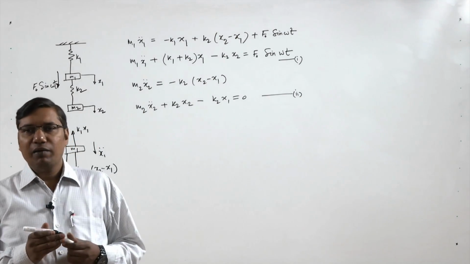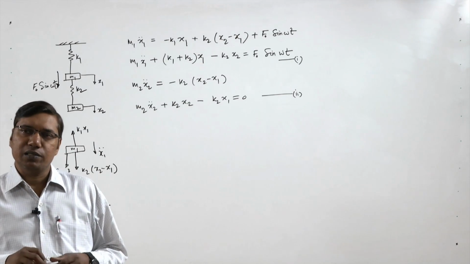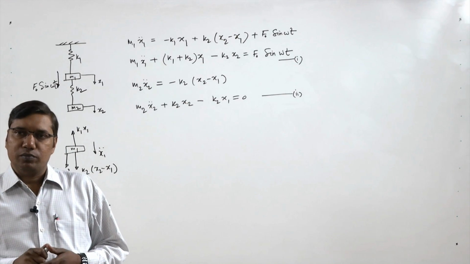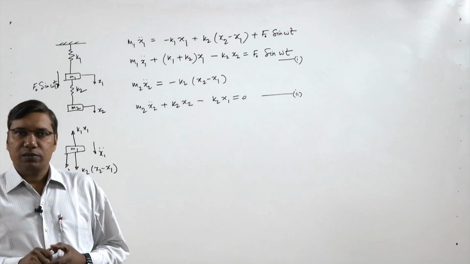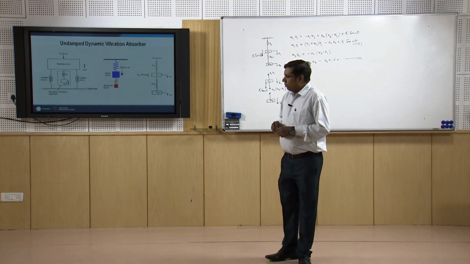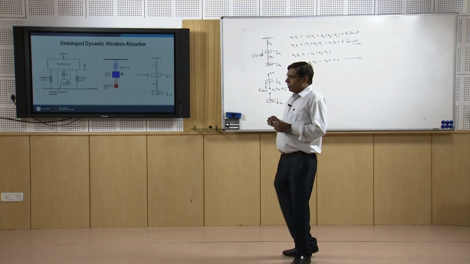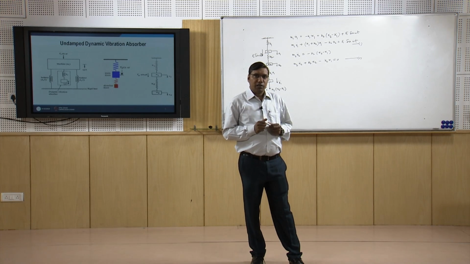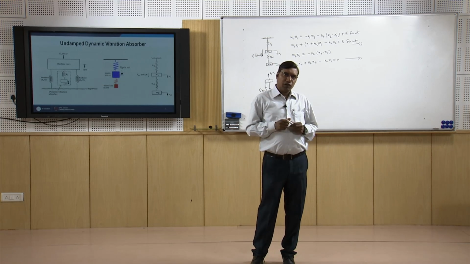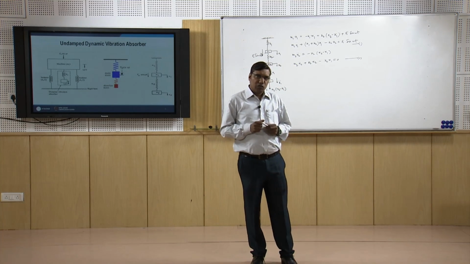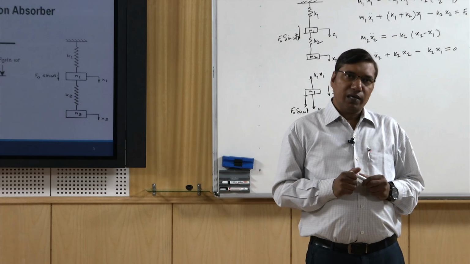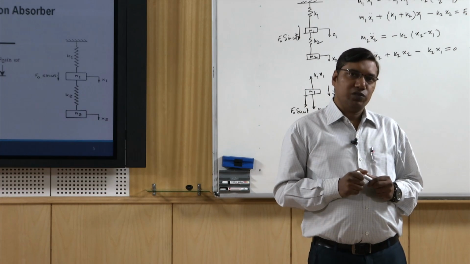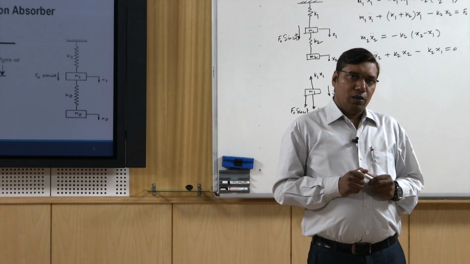Now, as we have already discussed for 2 degree of freedom systems, the complete system will vibrate with one frequency at one time, and that will be its natural frequency. This is a 2 degree of freedom system, so it will have 2 natural frequencies and 2 mode shapes corresponding to each frequency.